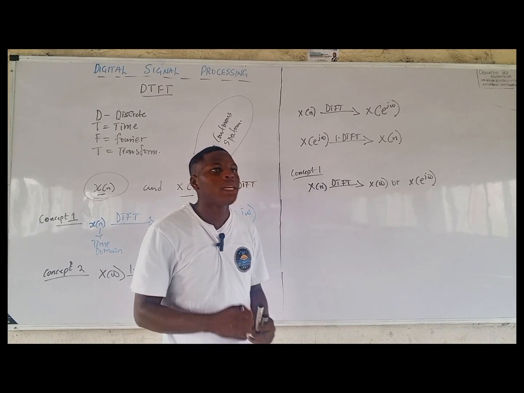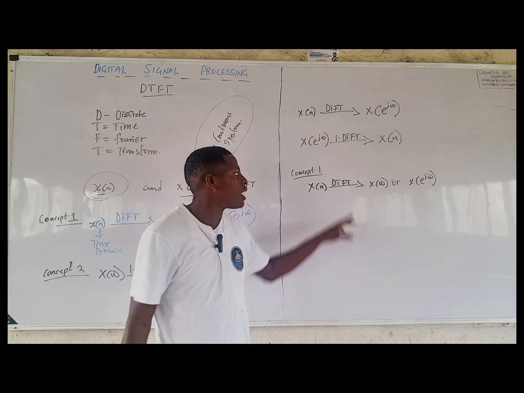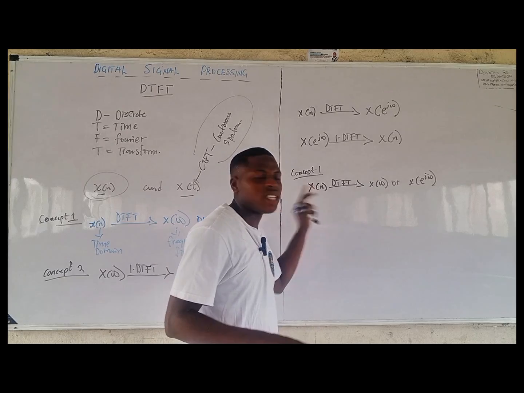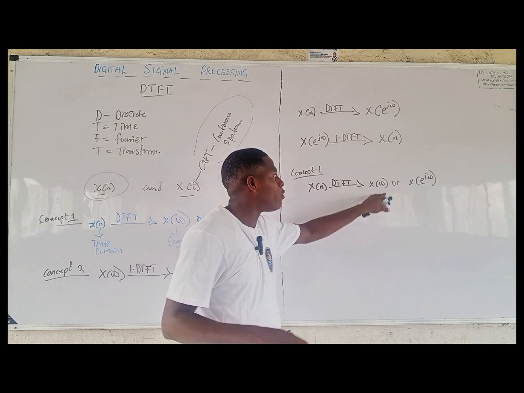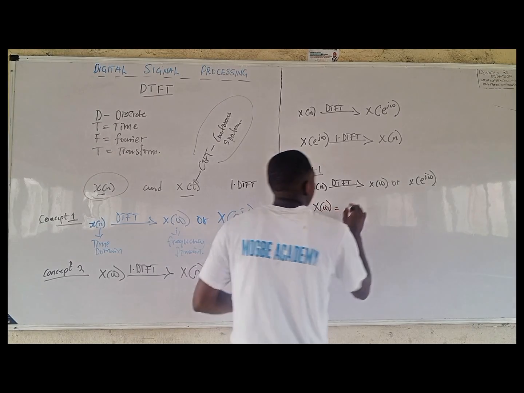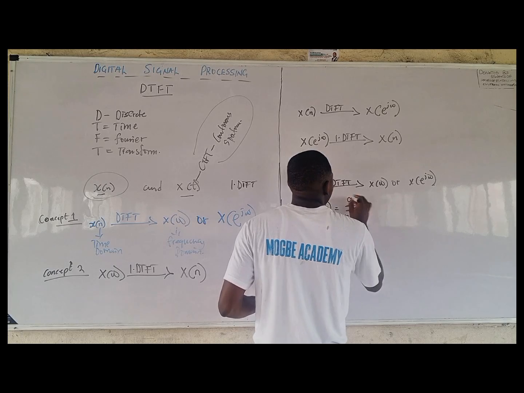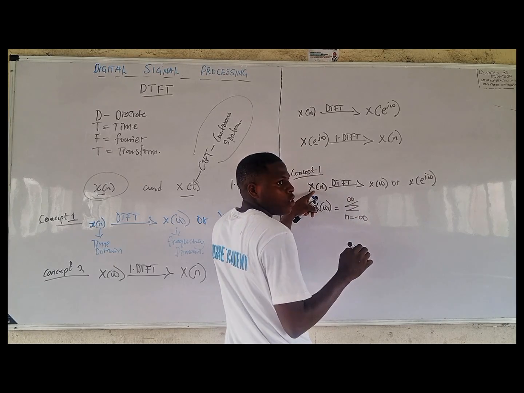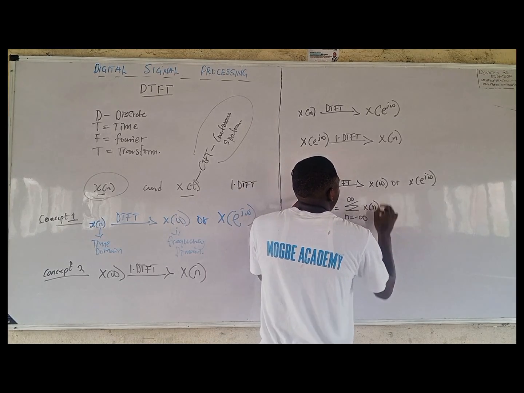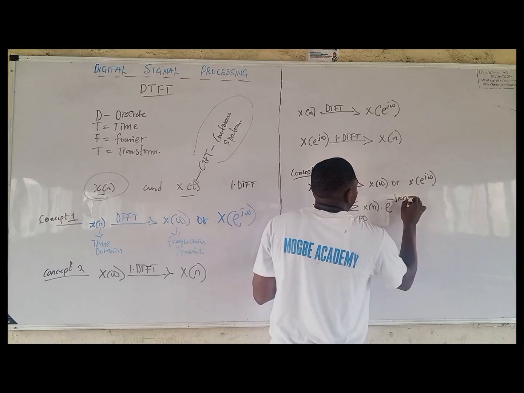That's our first concept. Now what's the formula that will guide you in getting your frequency domain perfectly? Note, our interest is our frequency domain. So the formula for the frequency domain is S(ω) equal to the summation of n equals minus infinity to infinity of s[n] multiplied by exponential minus jωn.